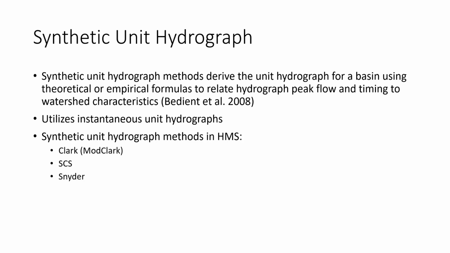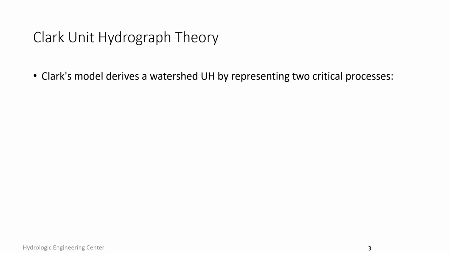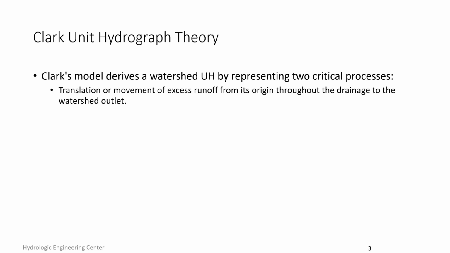This video will look at the Clark unit hydrograph method, as well as briefly talk about the Mod Clark. The Clark model derives a unit hydrograph by representing two critical processes, that of translation and attenuation. Translation is the movement of excess runoff to the watershed outlet in response to gravity.